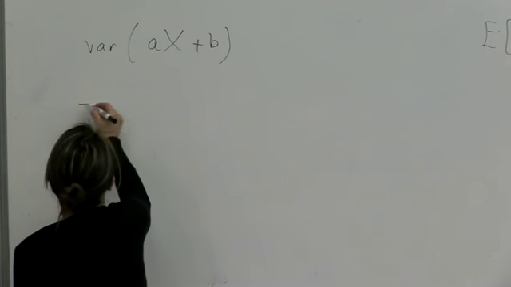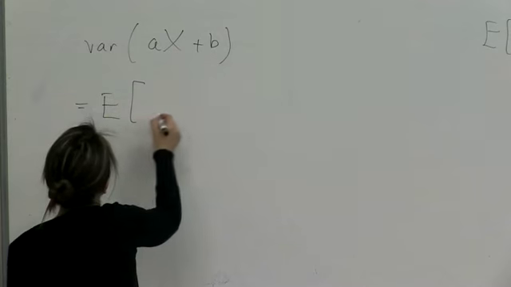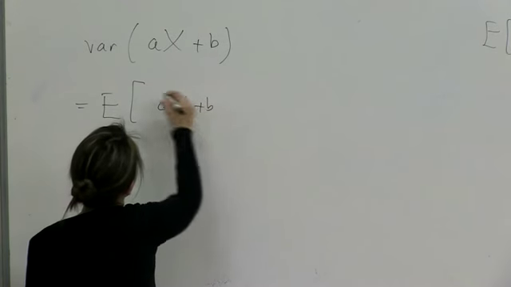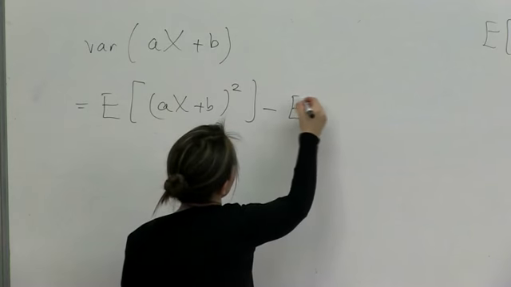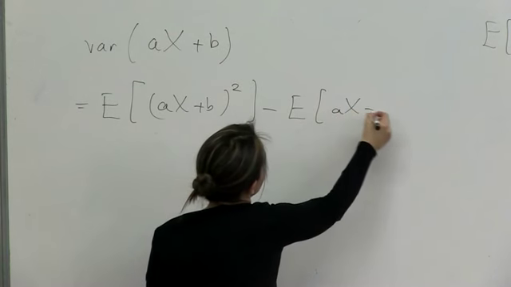Well, this is the expected value of (aX plus b) squared minus the square of the expectation of aX plus b.